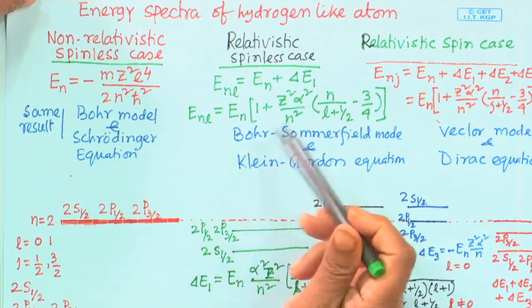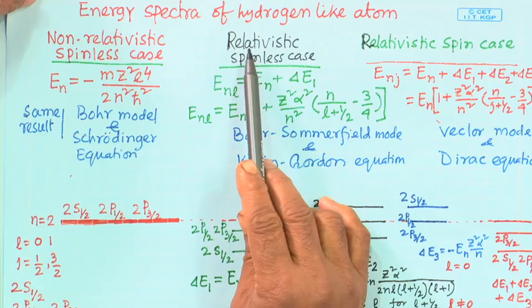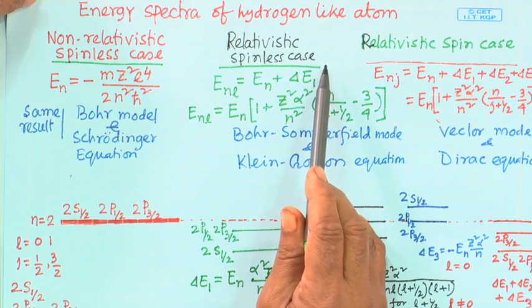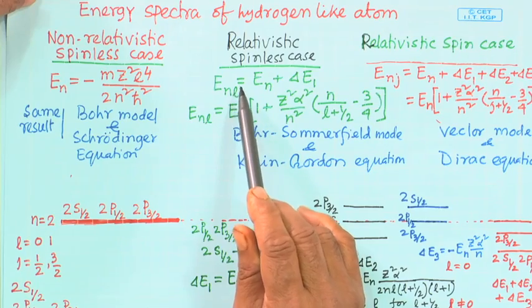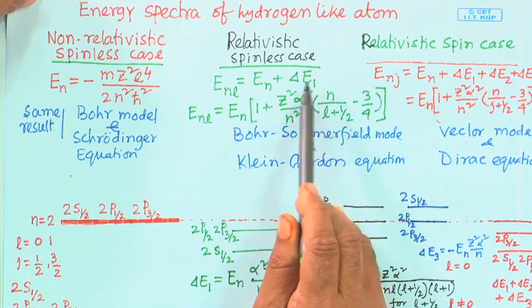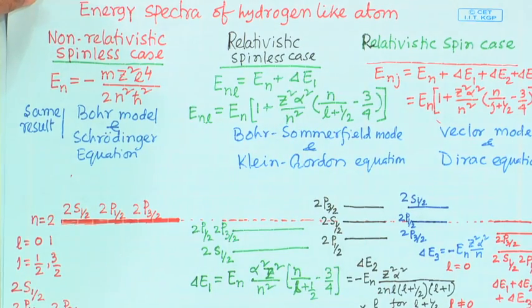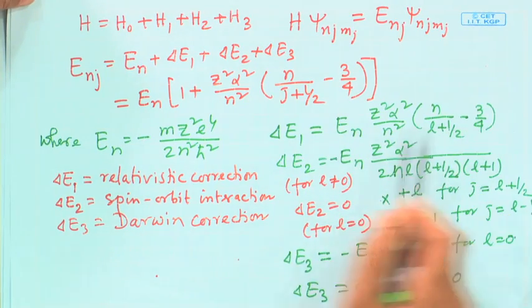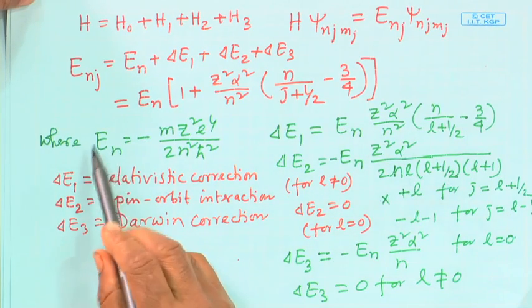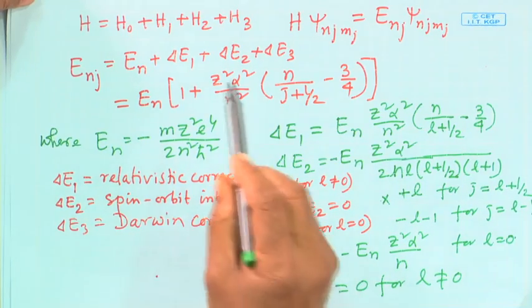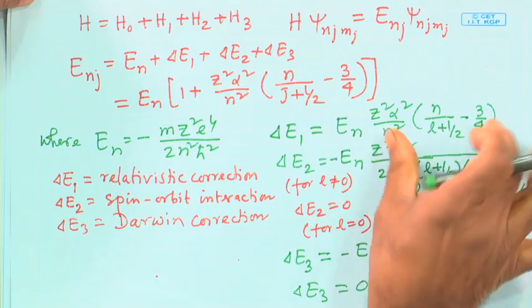And then the next case is the relativistic spinless case. So, Enl is basically En plus del E1. I know what En is and I know the term for del E1. So, En plus this del E1. If you take En common, it is 1 plus the rest of the part.